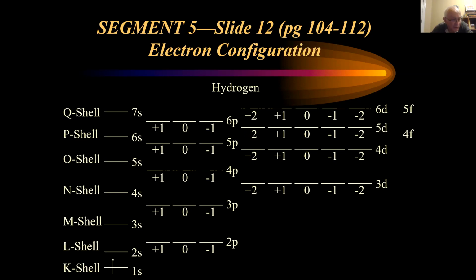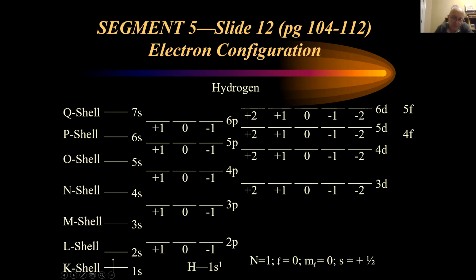So the hydrogen electron has a spin plus 1/2. So I can generate the orbital designation then as the 1s orbital with 1 electron in it. And we say that 1s1.